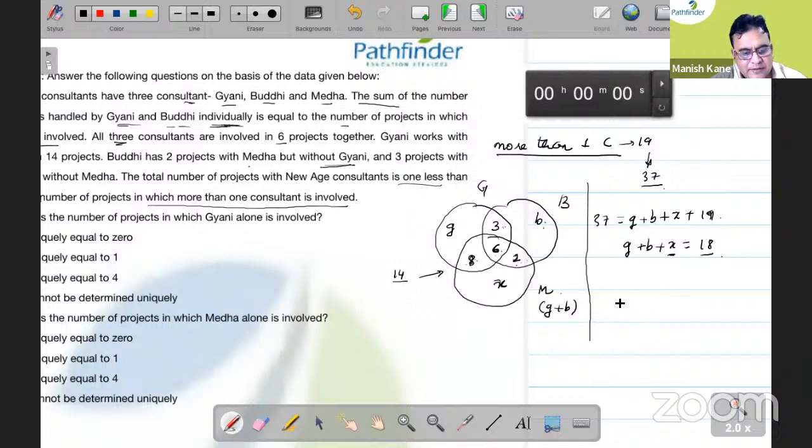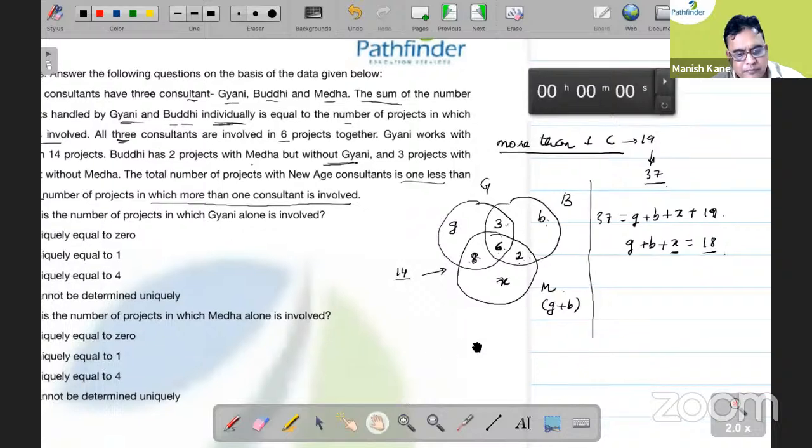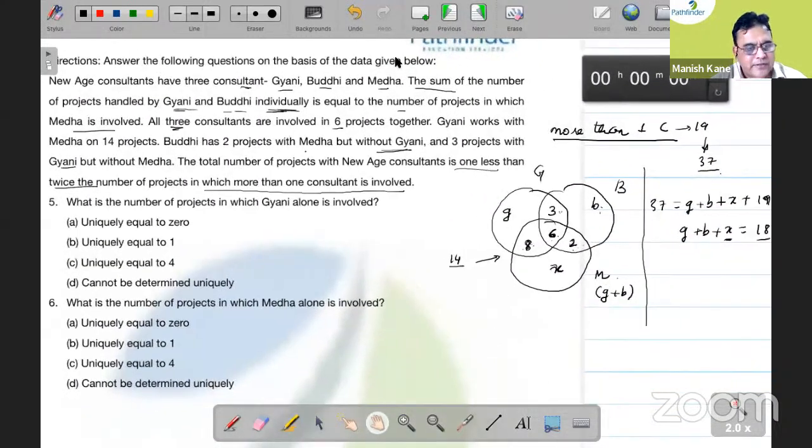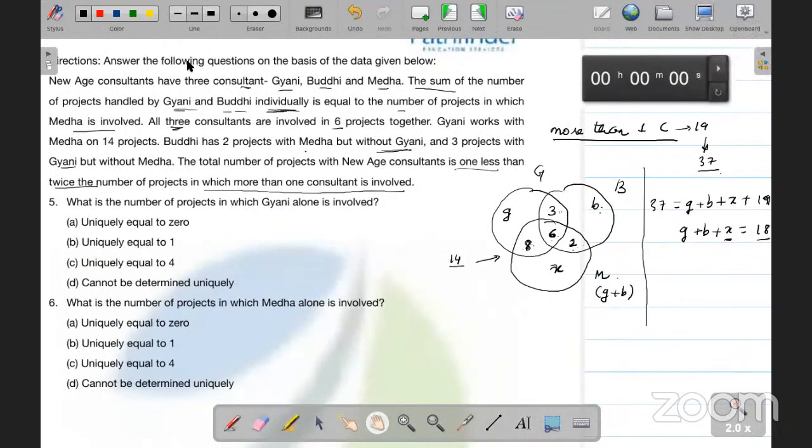And what is X? X is basically M minus 8 plus 6 plus 2. What does it mean to you?